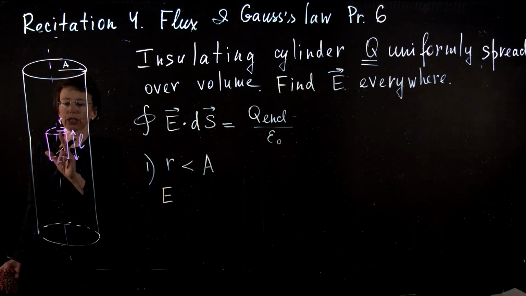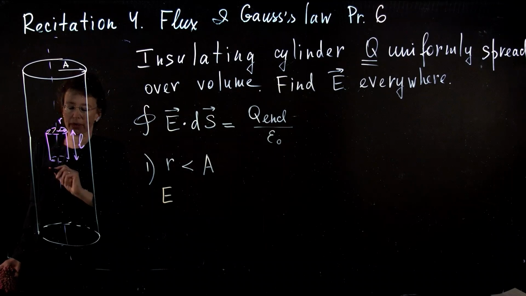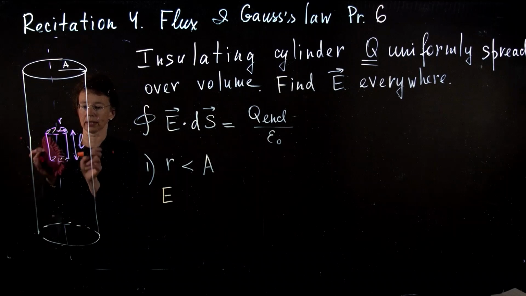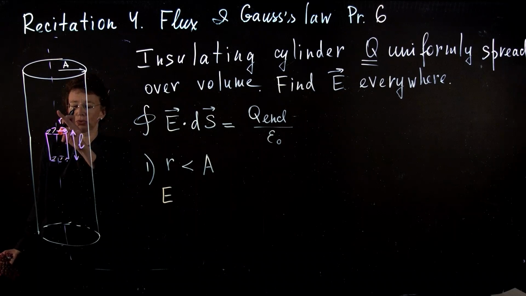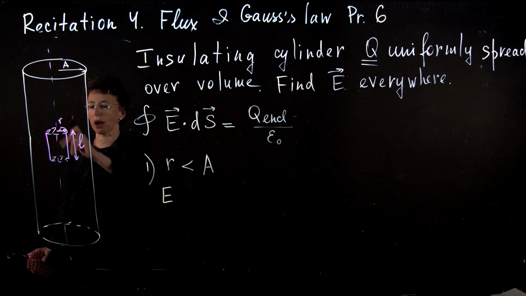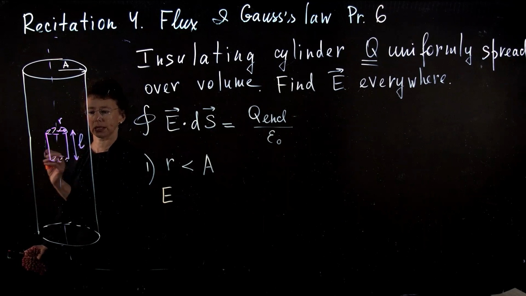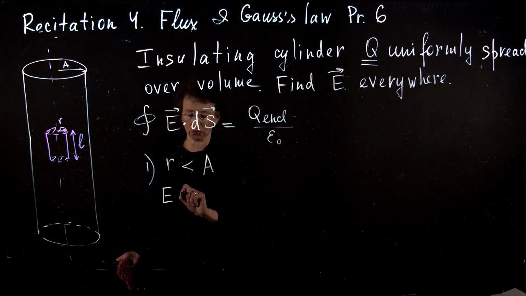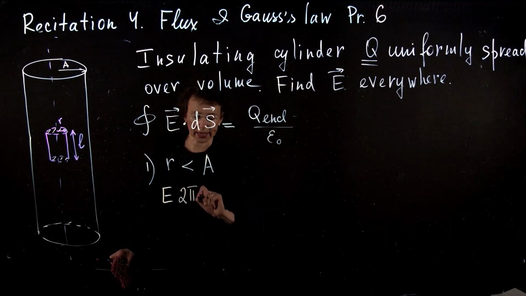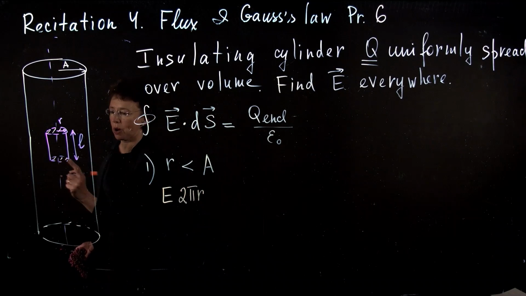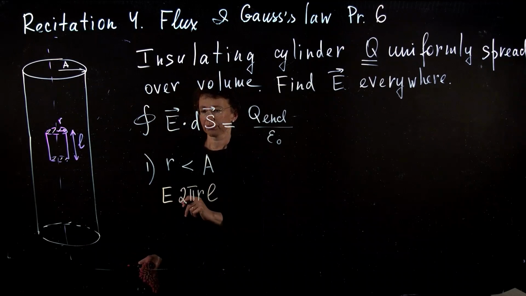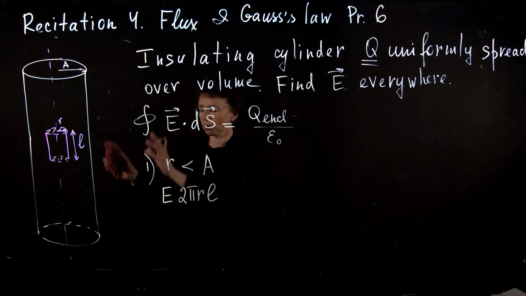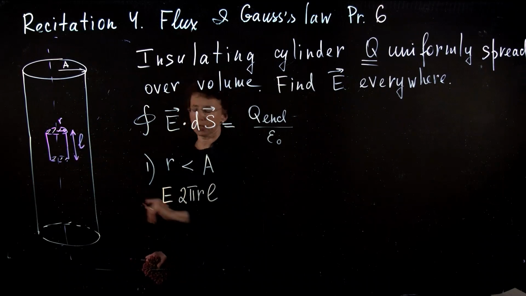The flux out of the top cap and bottom cap will be 0, since the electric field is radially out, and the area vector for the top and bottom is up and down. All we are interested in is the side surface. The area of this side surface is 2 pi r L. This is the left-hand side, the total flux through this cylindrical surface.